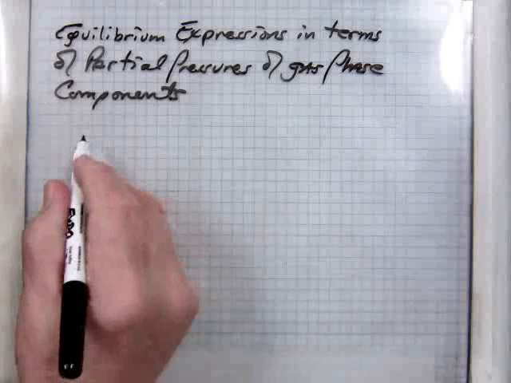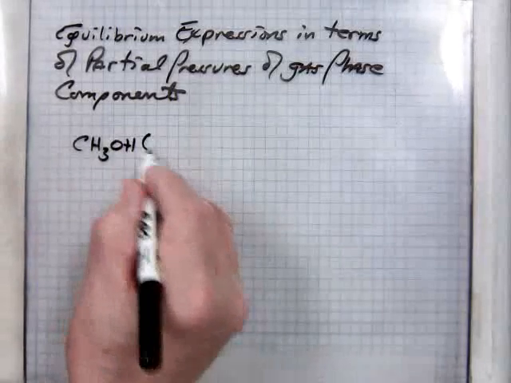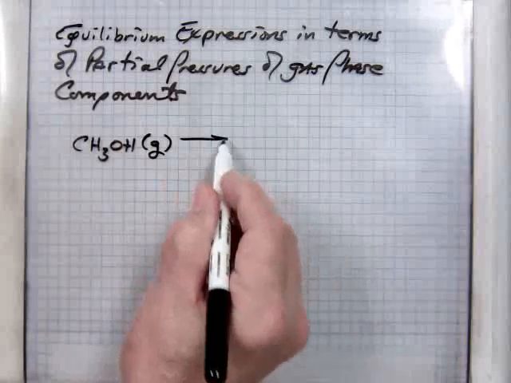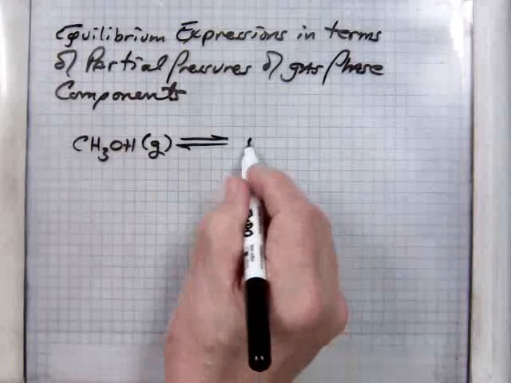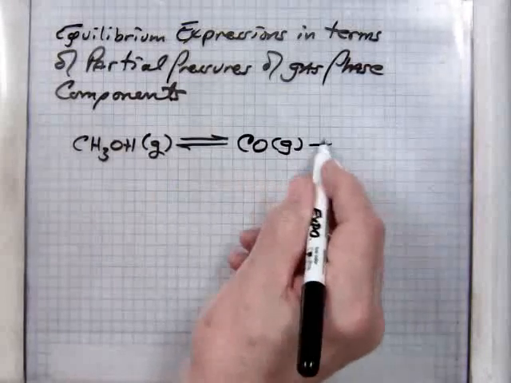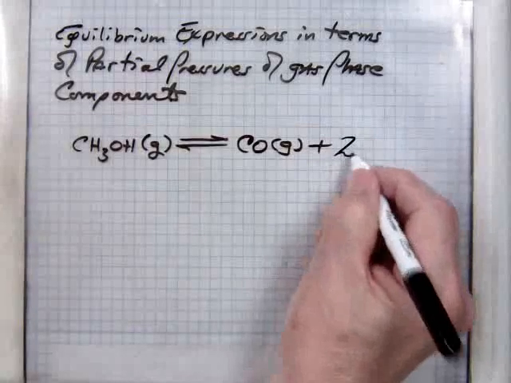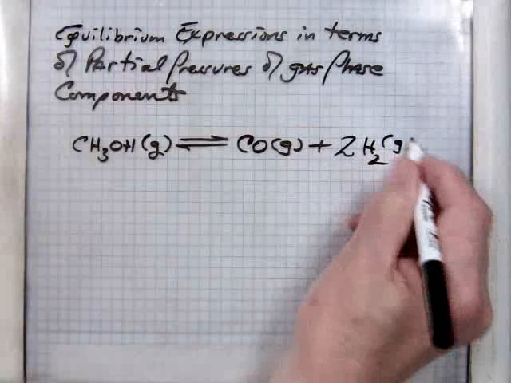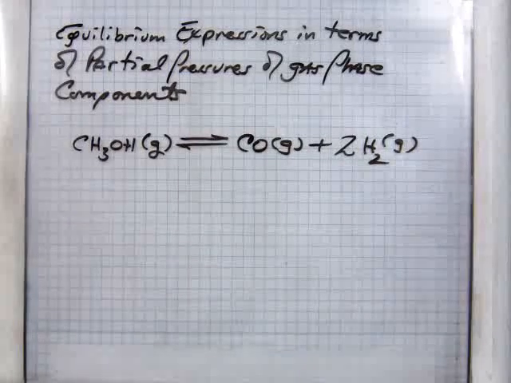So if I have CH3OH, which is methanol, in the gas phase in equilibrium with carbon monoxide in the gas phase and hydrogen in the gas phase, 2H2 gas. The two equilibrium expressions are one in terms of the molar concentration of the components, and two, what we call a partial pressure equilibrium constant.